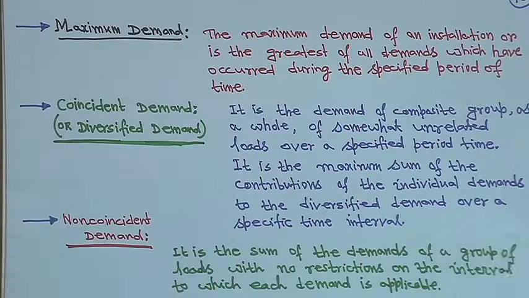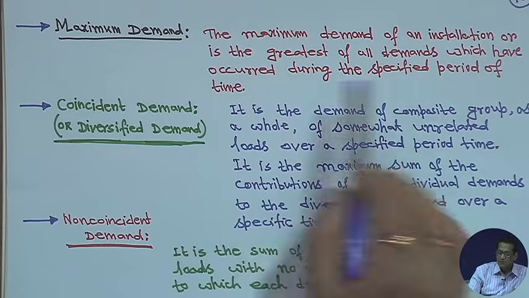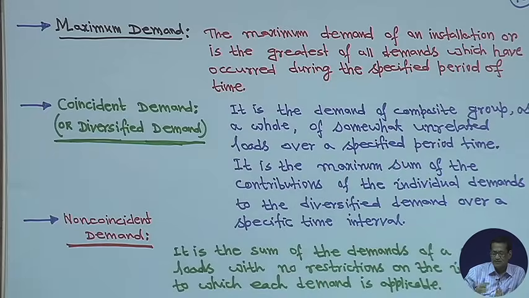Next is maximum demand. The maximum demand of an installation is the greatest of all demands which have occurred during the specified period of time. Some specified time period is specified, and then maximum demand is the greatest of the demands which have occurred during that period.